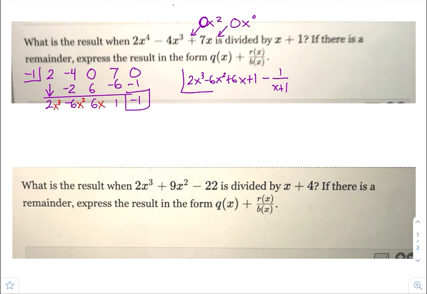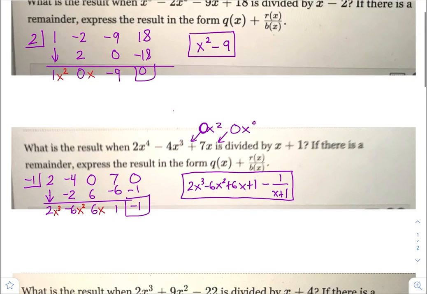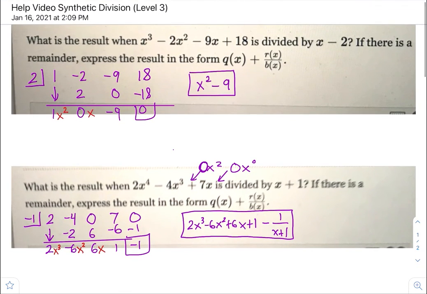And that will be our answer. So if you do get a remainder, just put it over the polynomial we're dividing by. If you don't have a remainder, then not to worry, you just put that.